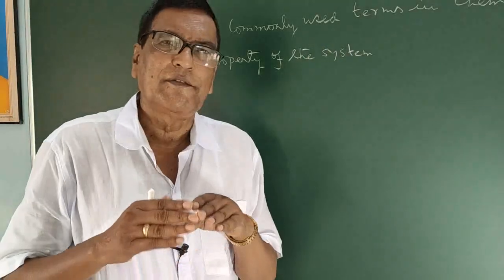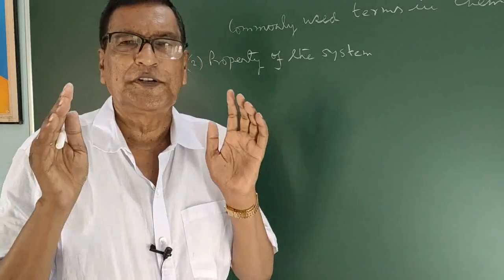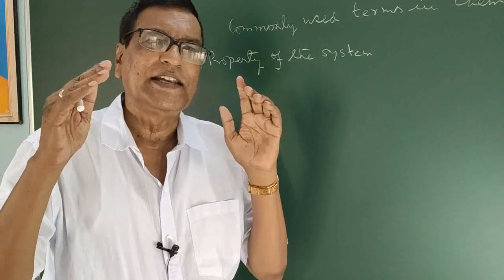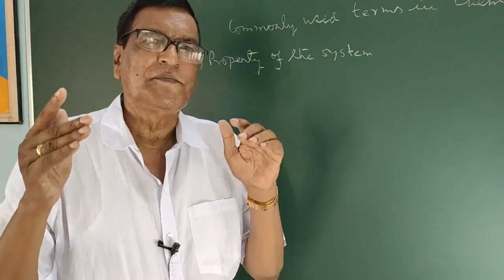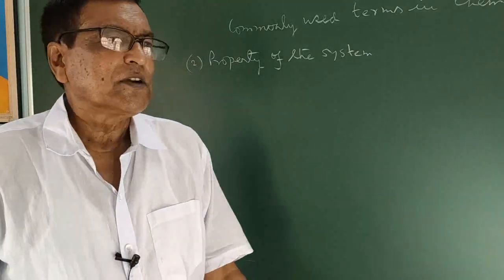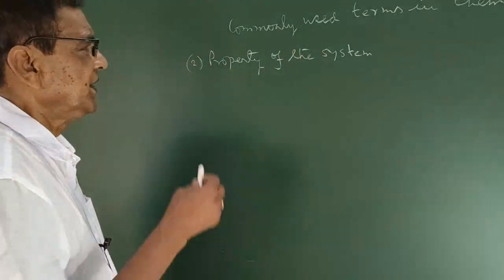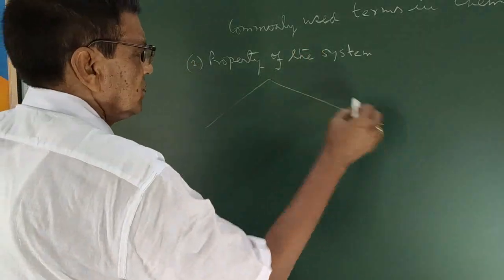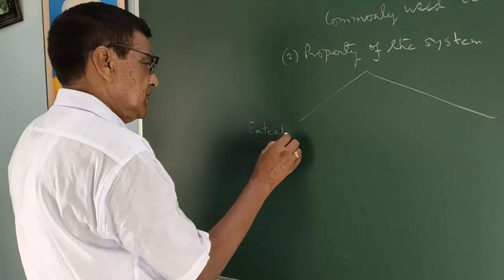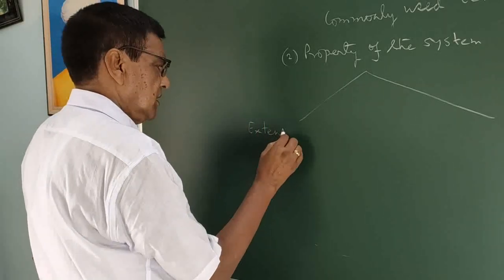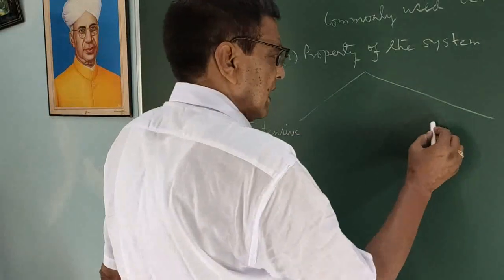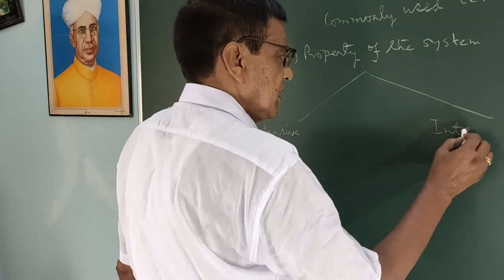The system may have different properties: volume, temperature, pressure, mass, heat capacity, density, refractive index, viscosity, surface tension, and so on. But all these properties could be divided into two types. One is extensive in nature, and other is intensive in nature.